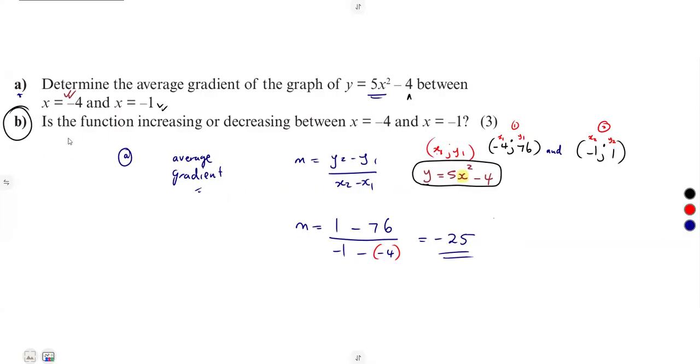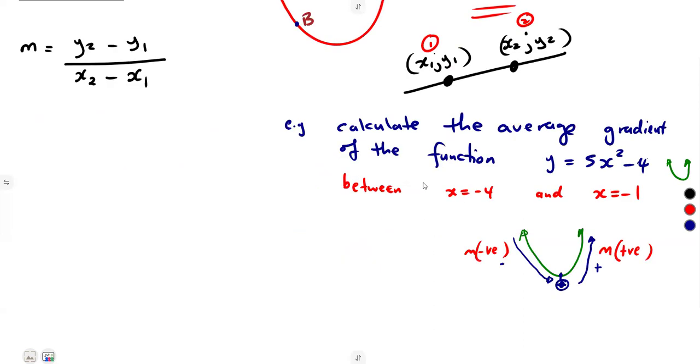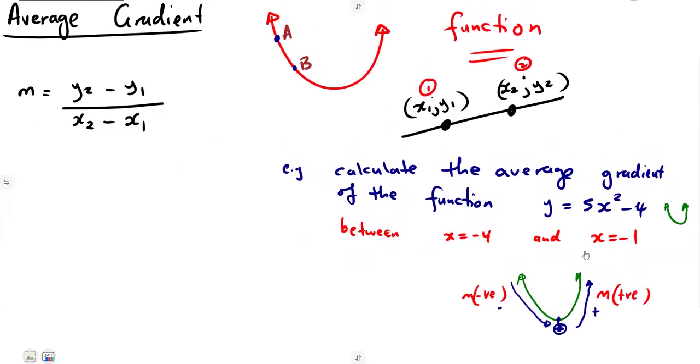On part B, is the function increasing or decreasing between those x values that were given before, x = -4 and x = -1? Let's go back to the information I was explaining.